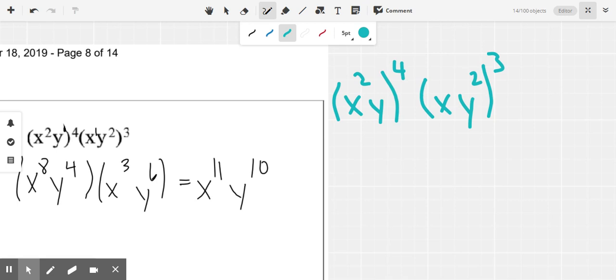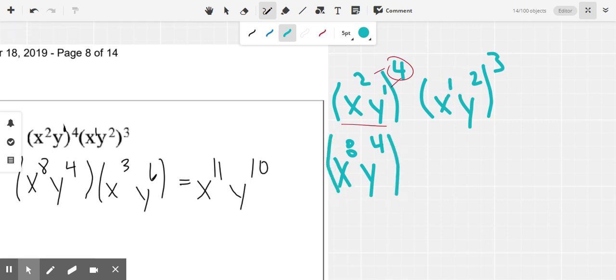So what I've got to do is this right here in parentheses is raised to the power of 4. That means both of these are raised to the power of 4, which means I've got to multiply both exponents by 4. So 2 times 4 would give me x to the 8th. And y, that's an understood 1. 1 times 4 is 4. So this is going to simplify to x to the 8th, y to the 4th.